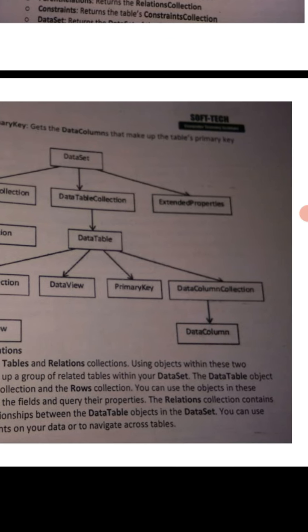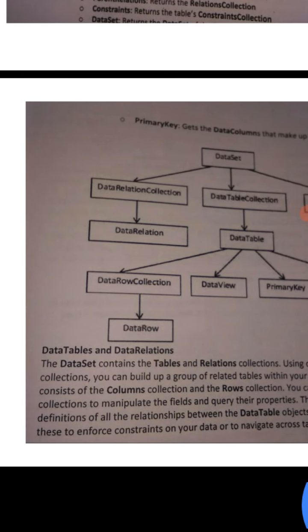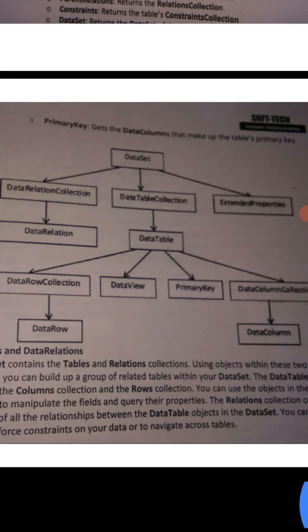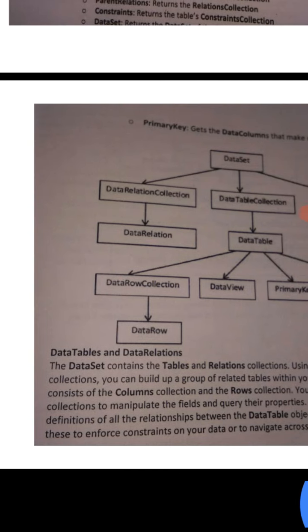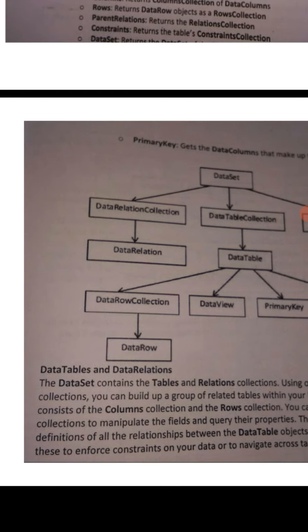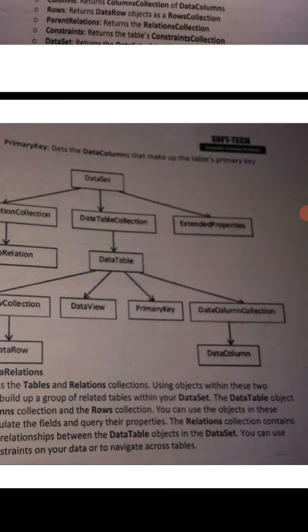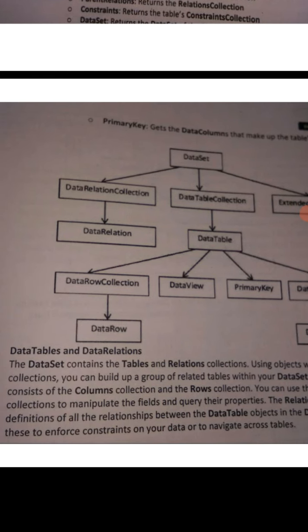You can use the objects in these collections to manipulate the fields and query their properties. The relation collection contains definitions of all the relationships between the data table objects in the dataset. You can use these to enforce constraints on your data or to navigate across tables.